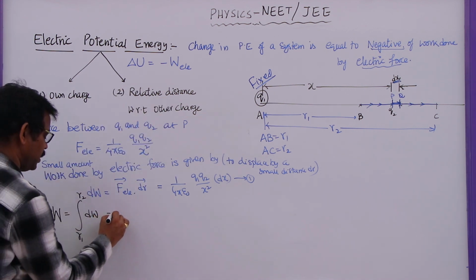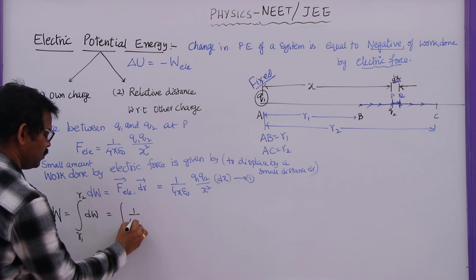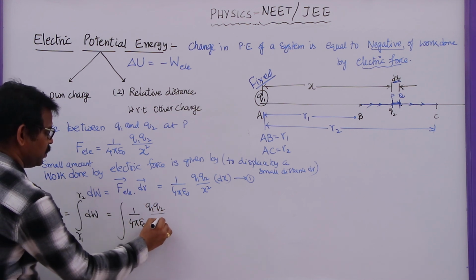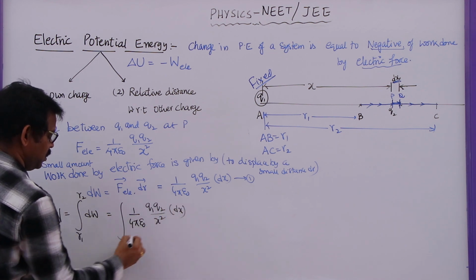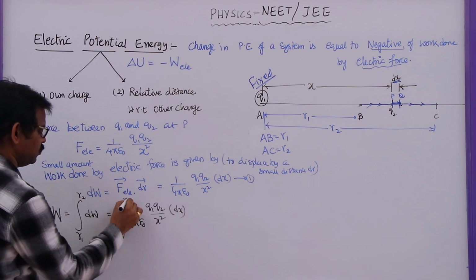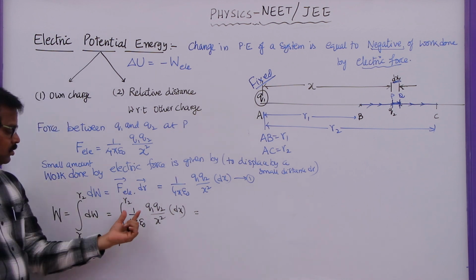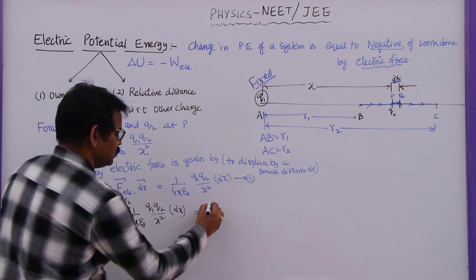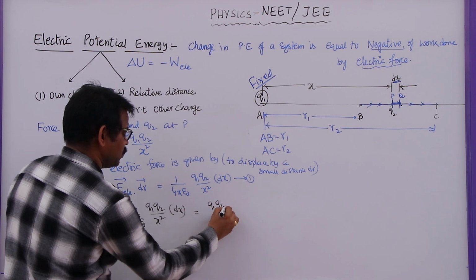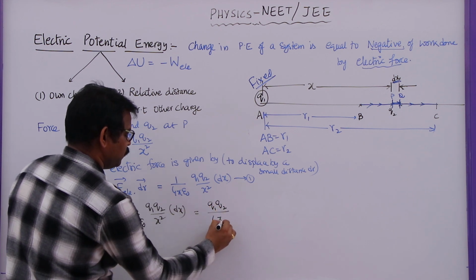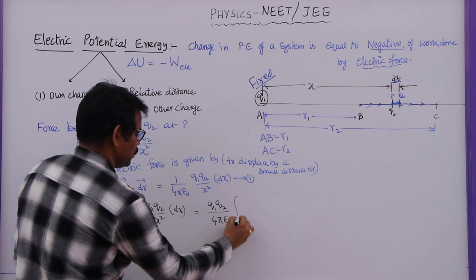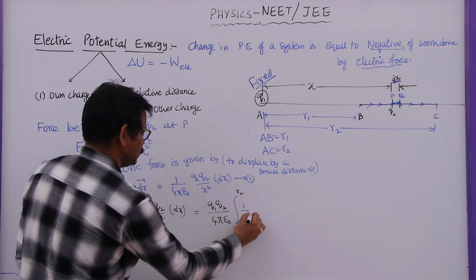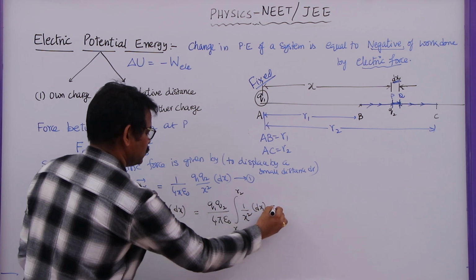Which is given by the integral of 1 by 4 pi epsilon naught Q1 Q2 by x square dx with limits R1 to R2. So you can bring the constants 1 by 4 pi epsilon naught Q1 Q2 outside. So this will be Q1 Q2 by 4 pi epsilon naught, integral with limits R1 to R2 of 1 by x square dx.